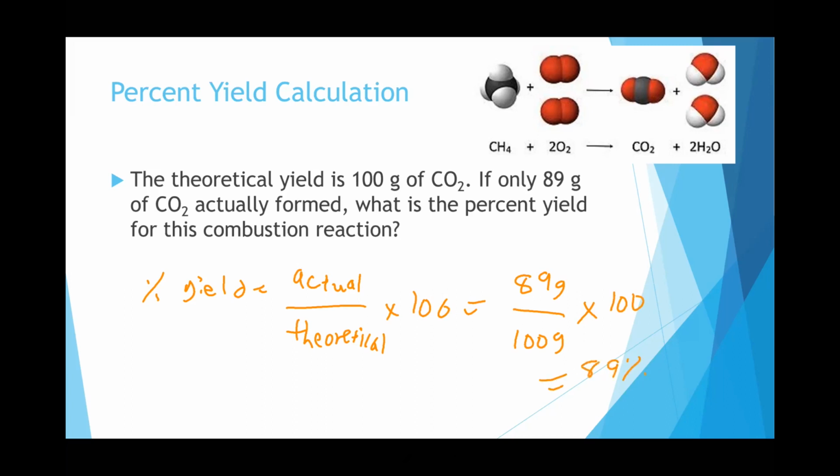I do want to point out, notice that we have grams on the top and the bottom for our calculation, and the grams cancel out because we divide by the units. So percent yield is unitless, unless you count the percent as a unit, but it's not really a unit. So make sure you don't do like 89 gram percent. It's just 89%. That's another common mistake I see a lot of people making. They put units for percent yields, but percent yields do not have units.